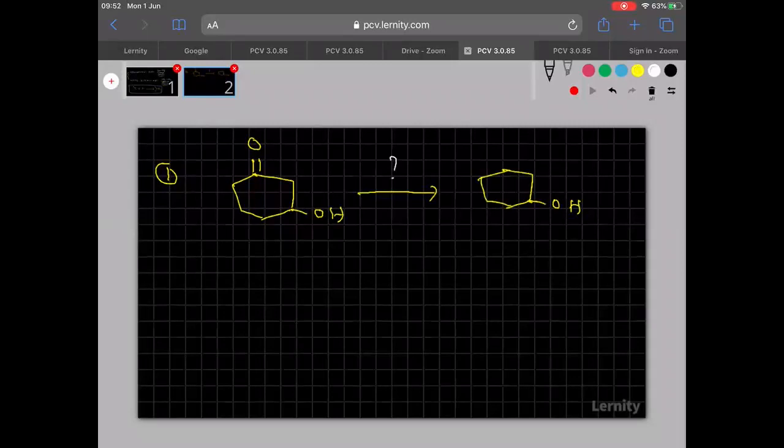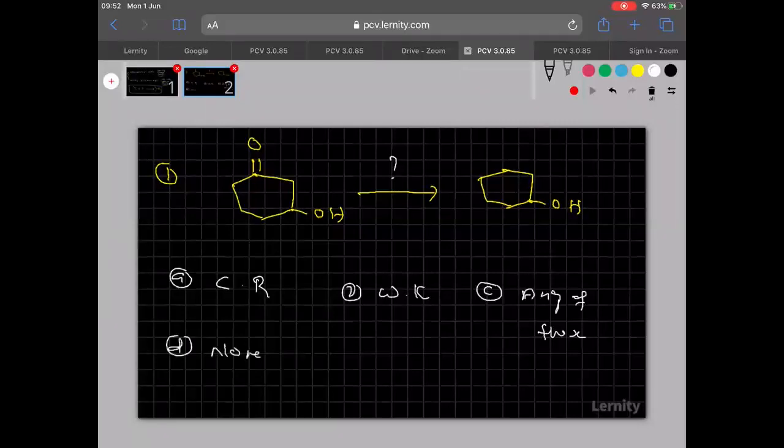Let me give the options also. First, Clemmensen's reduction. Second, Wolff-Kishner's reduction. Third option, any of these. And D, the last option, none of these.